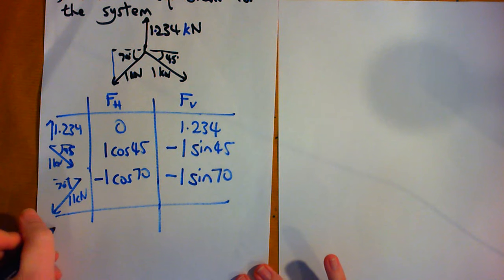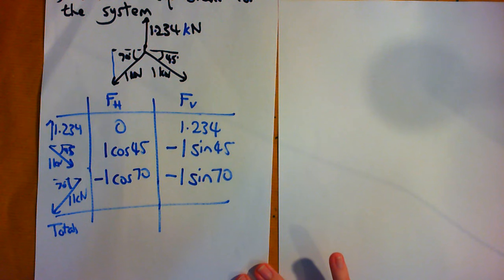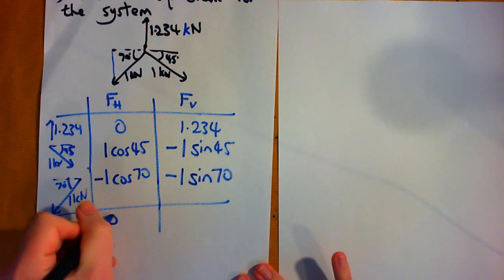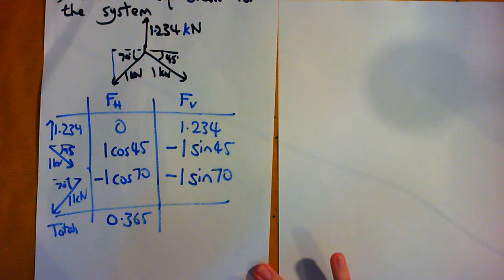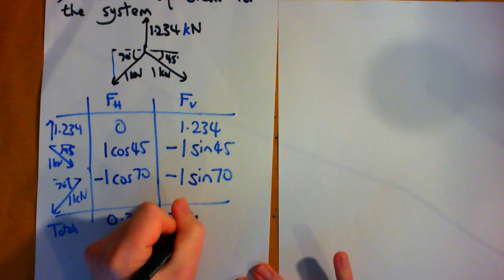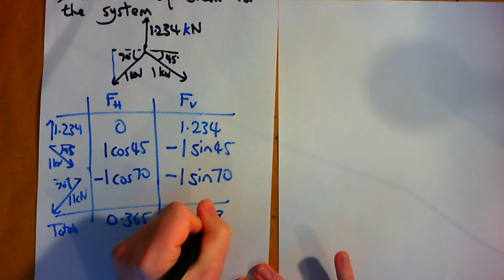Okay, so let's work out our totals. So the horizontal component turns out to be positive 0.365, and the vertical component turns out to be negative 0.413.